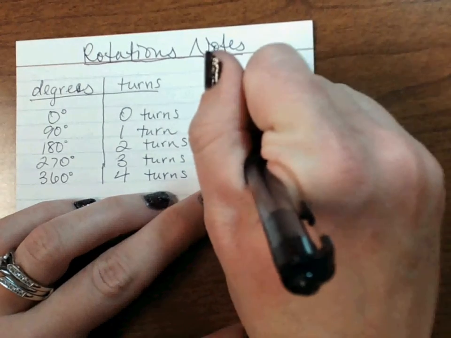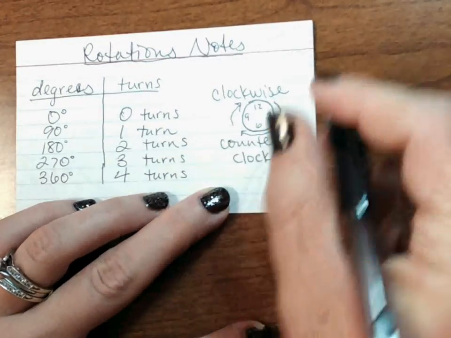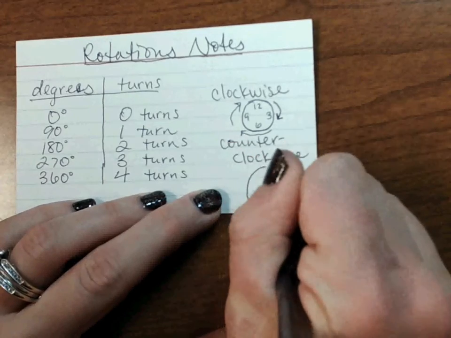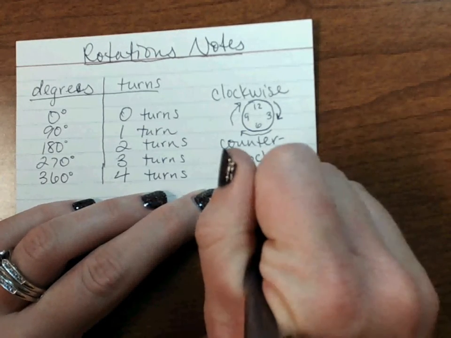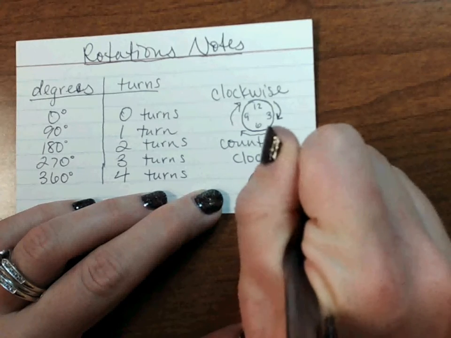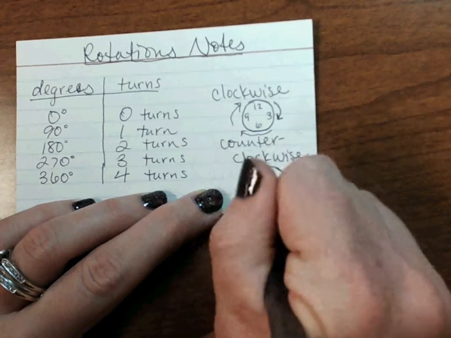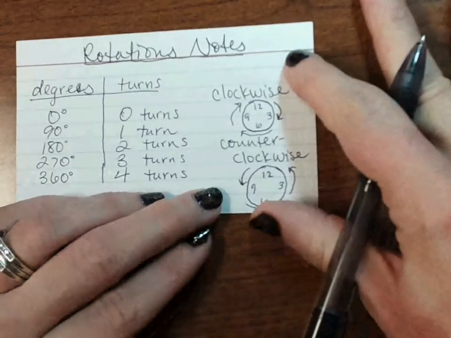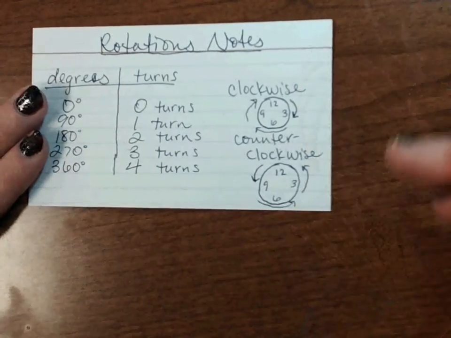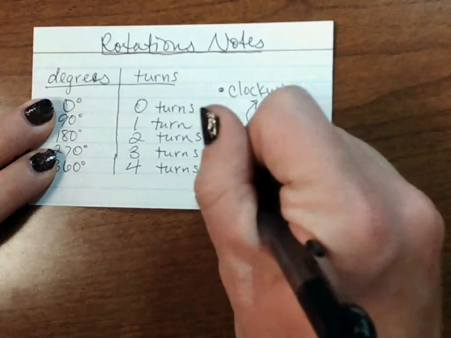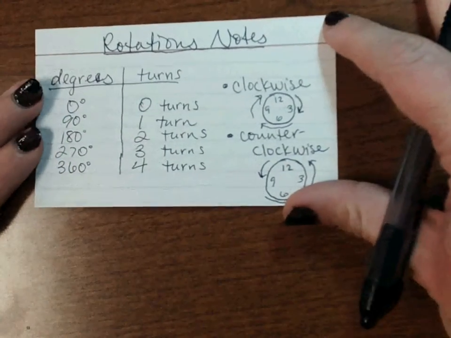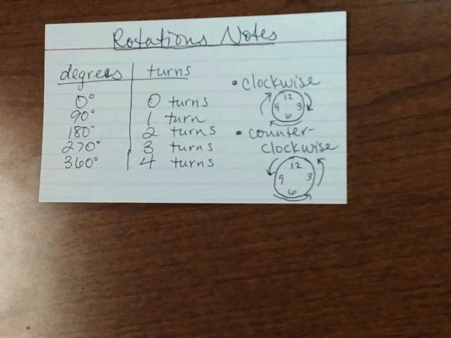They're going to turn around this way. Counterclockwise is going to move in the opposite direction of the hands of a clock. So they're going to move back this way. So the 2 things you need to know when you're doing rotations is how many turns and which way am I turning. So those are going to be your rules based on what direction you're given.